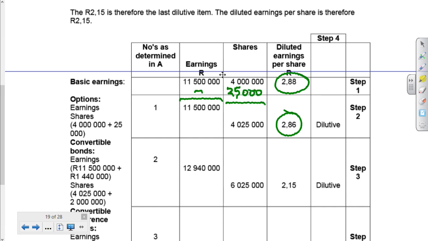Then over here I added 144 and I added 2 million, and those are the numbers I have. I now do my dilution, big dilution, yeah. So I've gone from 288 to 286 after options to 215 after debentures.